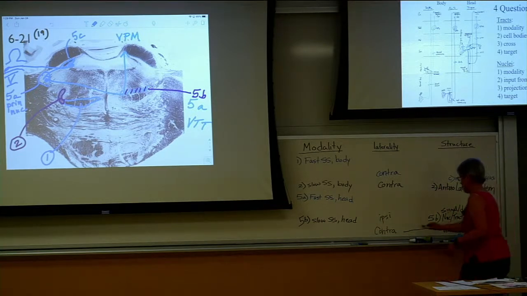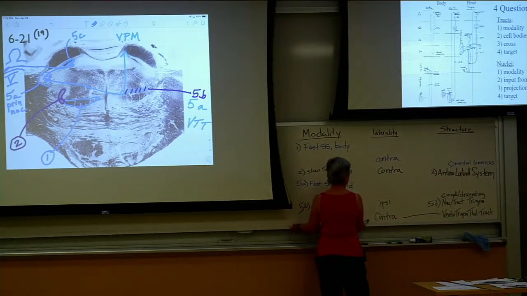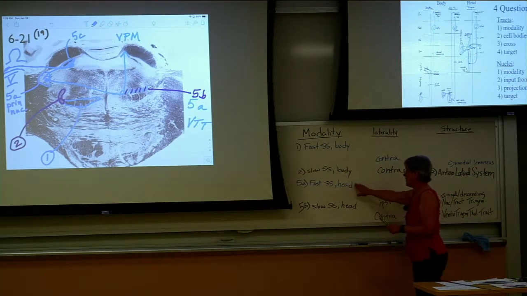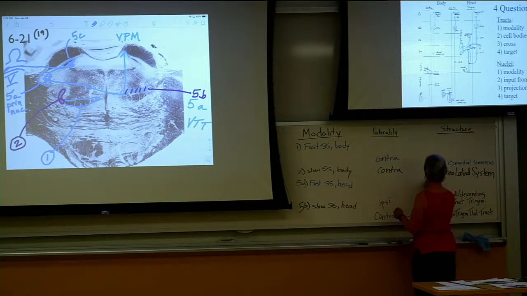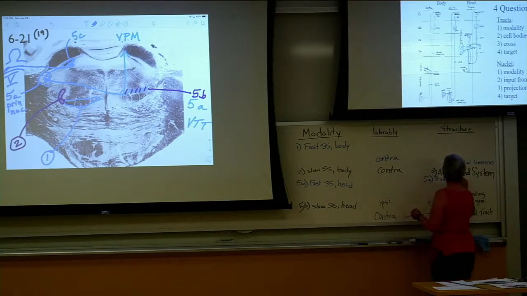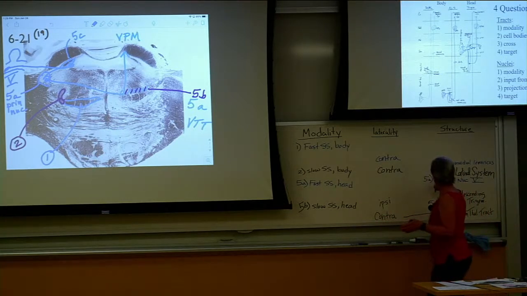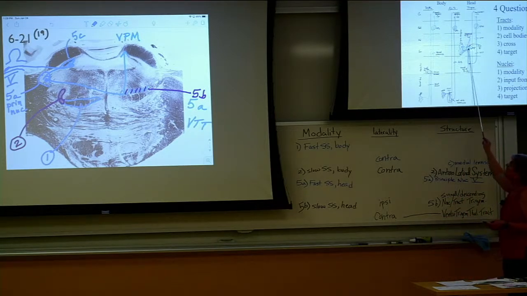Okay, so let's get this on the board. So now we're talking about our fast somatosensory information for the head. And that first structure there, 5A, is going to be the principal nucleus of the trigeminal system. And then, if we're talking about the principal nucleus, is this information coming from the ipsilateral head or the contralateral head?